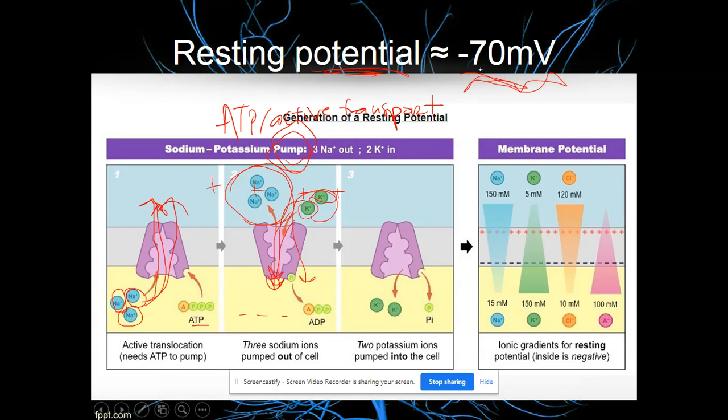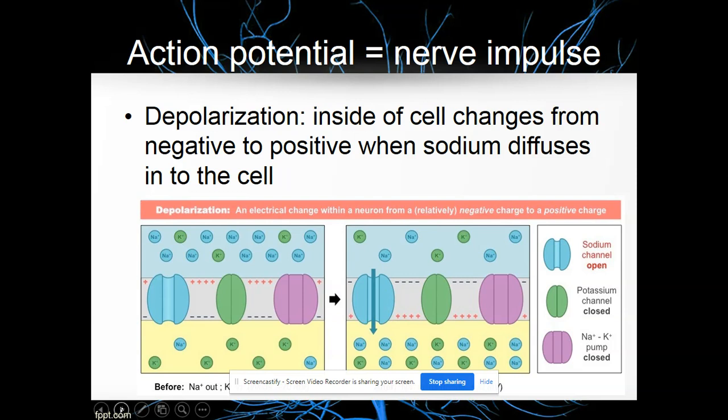So this is the electrical potential that we have due to these unequal concentrations of ions inside and outside of the nerve cell. When a stimulus occurs, whether it's a pain receptor or a temperature receptor or neurotransmitters from another cell, we have this thing called depolarization occur.